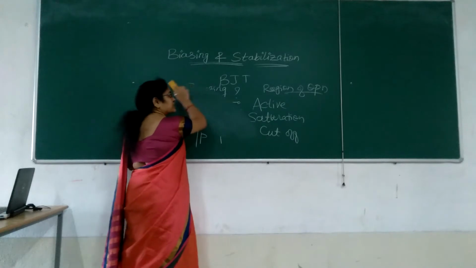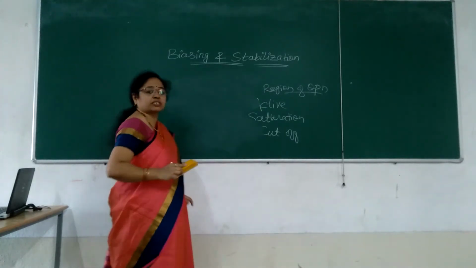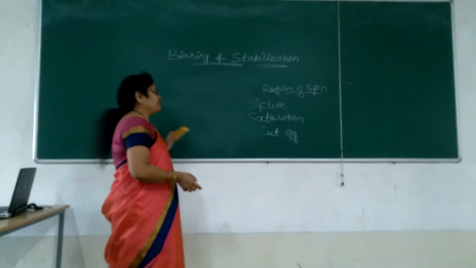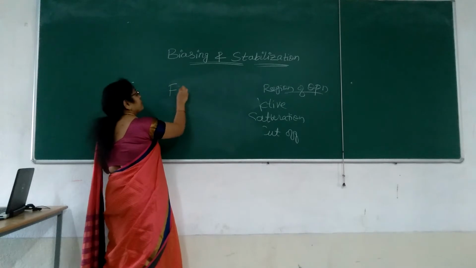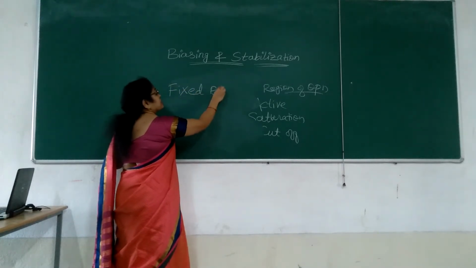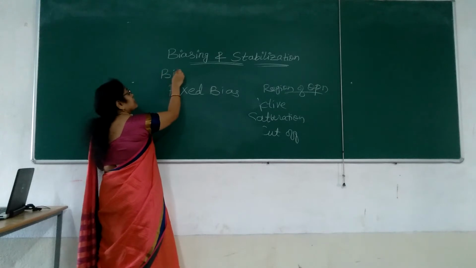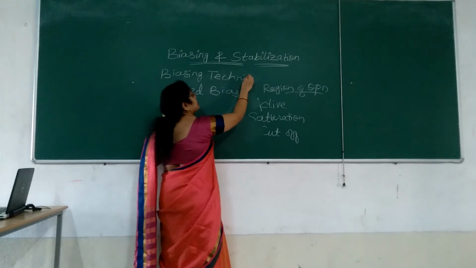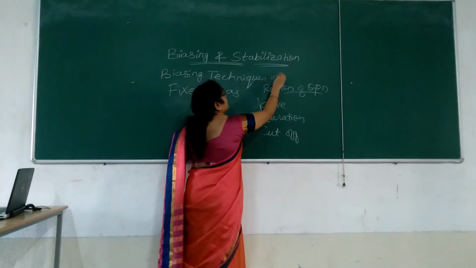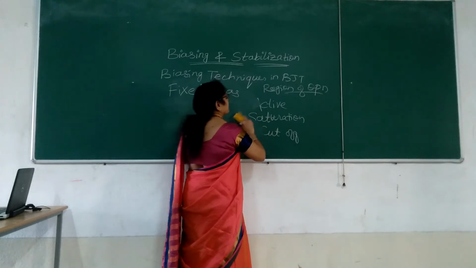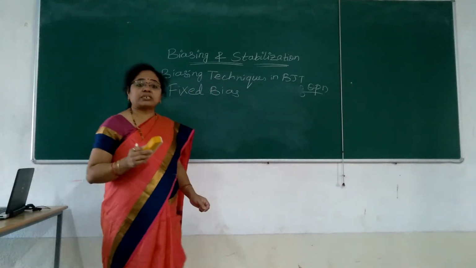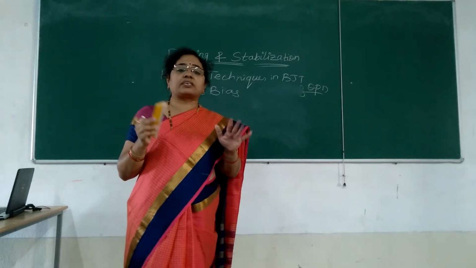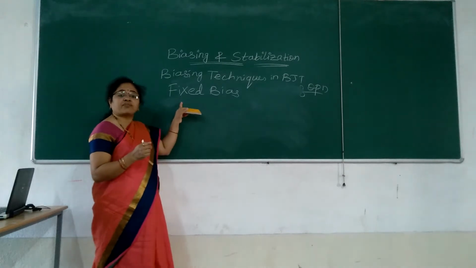We have various techniques to carry out biasing for the transistor. Basically we have 5 biasing methods in BJT. The first one is fixed bias.